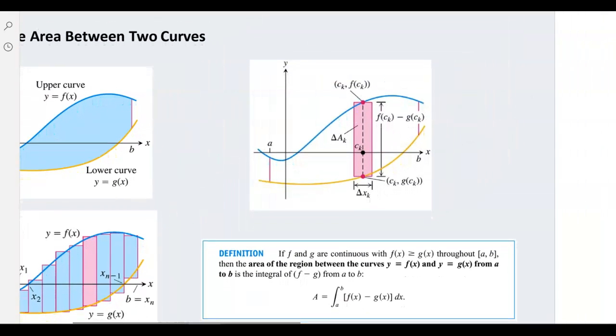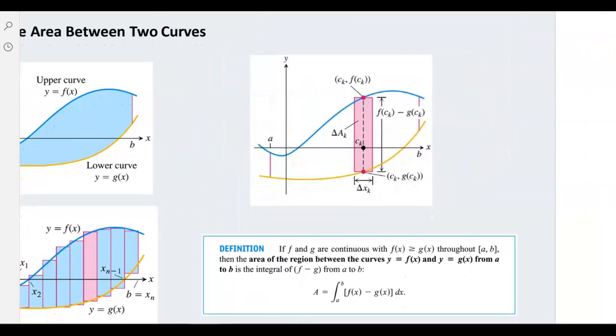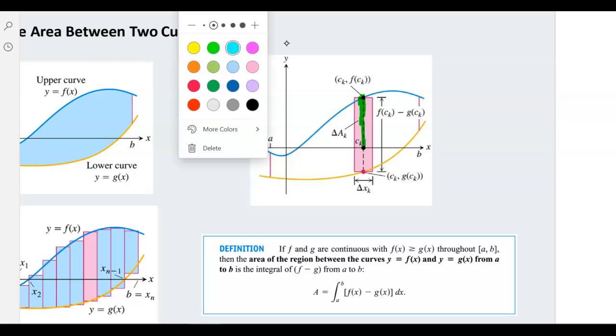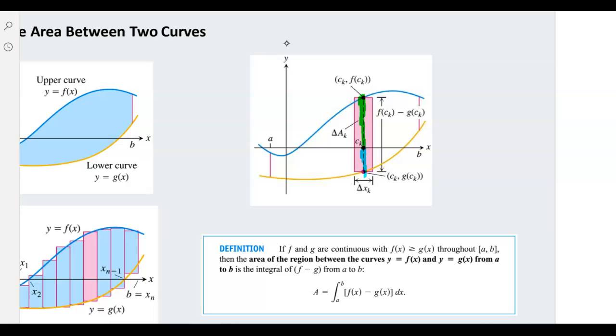This picture up here is saying, well, if I wanted to know the area of that individual rectangle, the height of it would be, let's see, f of x is this distance, g of x is this distance, but we know that g of x is a negative number.